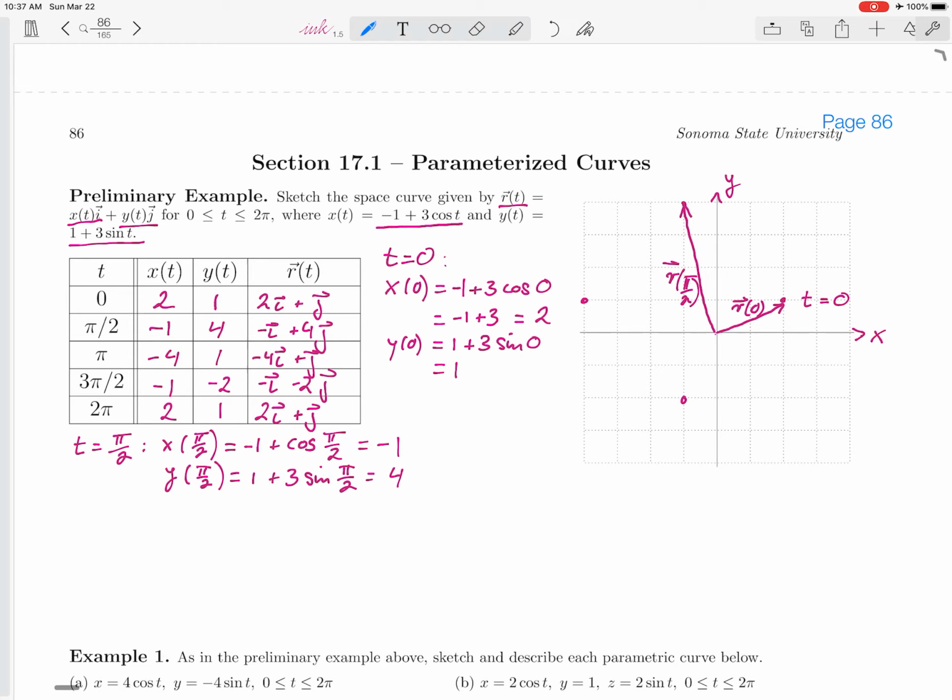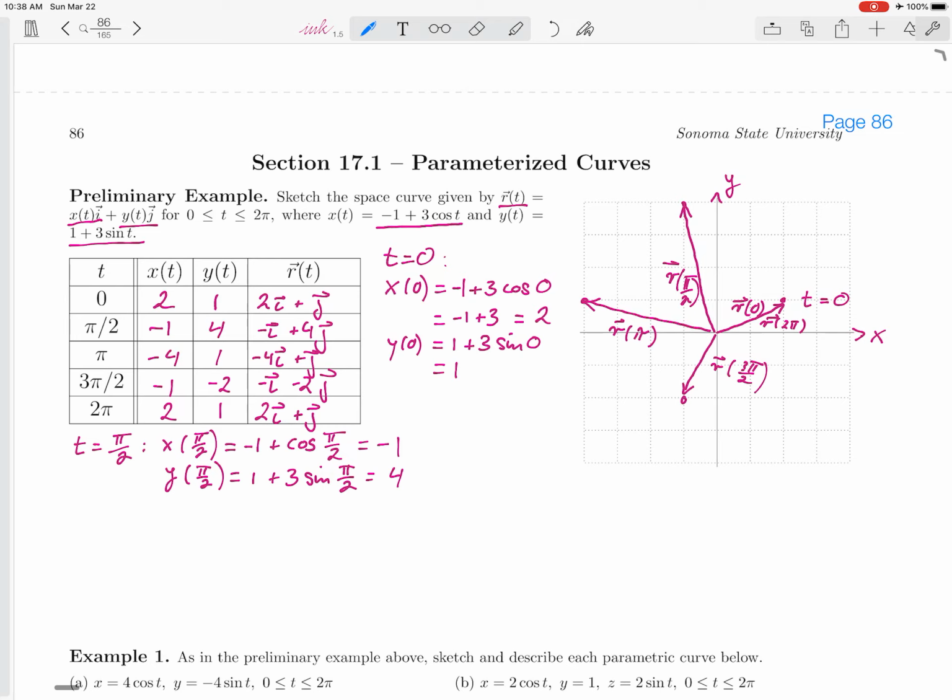I could fill in more of these, so I'm also going to draw in my 2 more vectors. So we have r of pi and r of 3 pi over 2. And then r of 2 pi is again where we started. It's the same as r of 0.